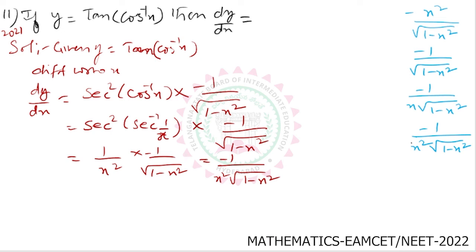Minus 1 by x square into root of 1 minus x square, that is the fourth option. Is it clear? So maximum questions we are covering from the previous examination papers. Write down one more question, then we come to the next chapter.